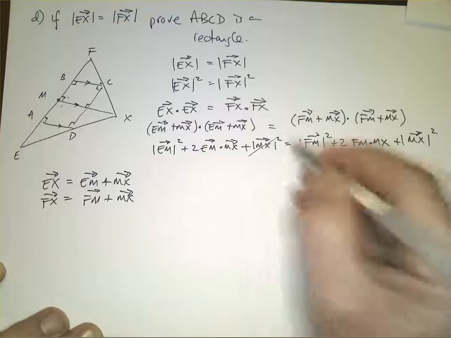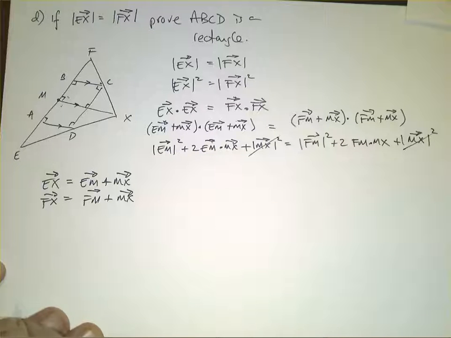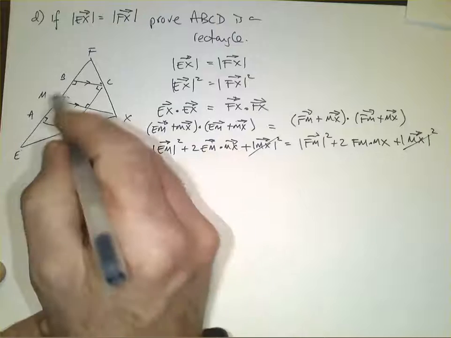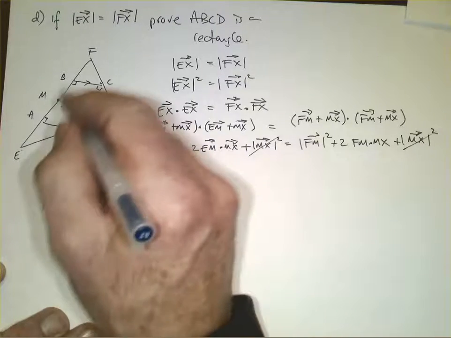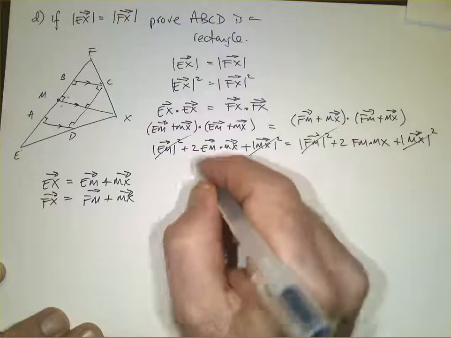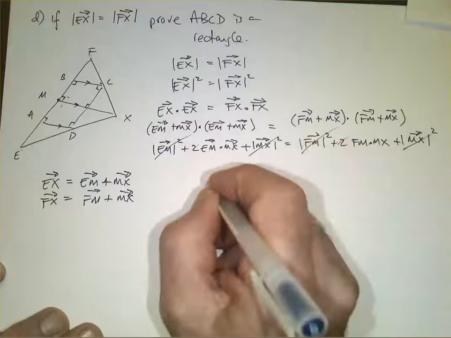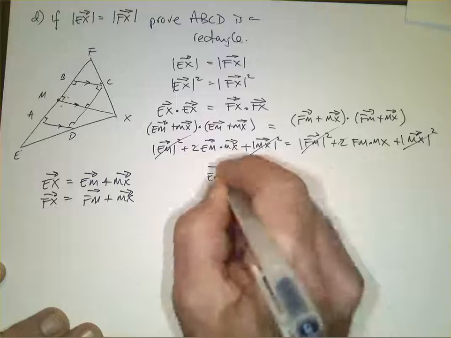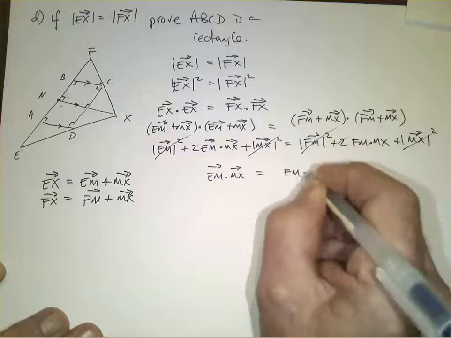Since I've got an MX magnitude squared on both sides, they will cancel. EM magnitude is E to M. F to M magnitude is the same distance, so they can cancel each other. I can divide both sides by 2, which gives me EM dot MX equals FM dot MX.